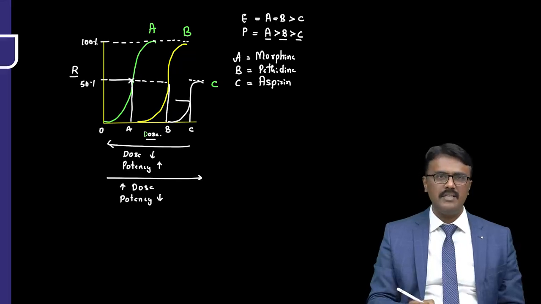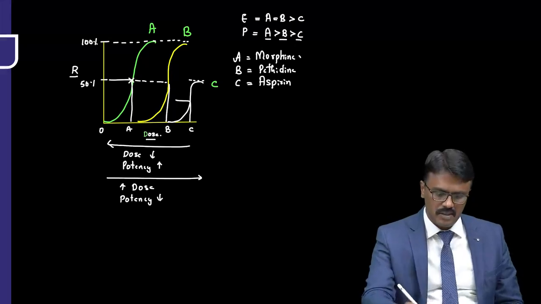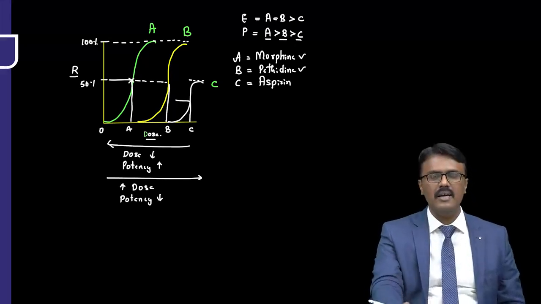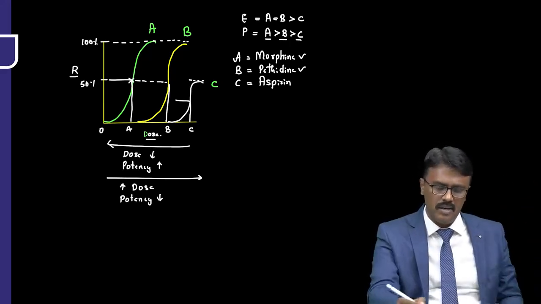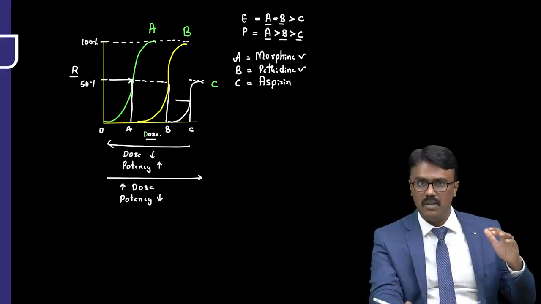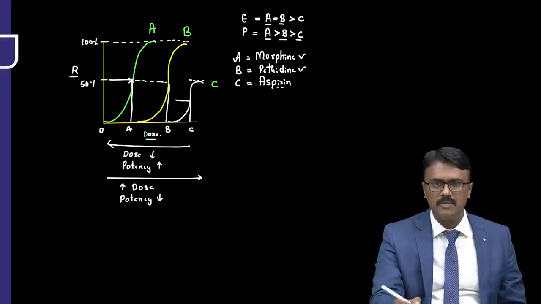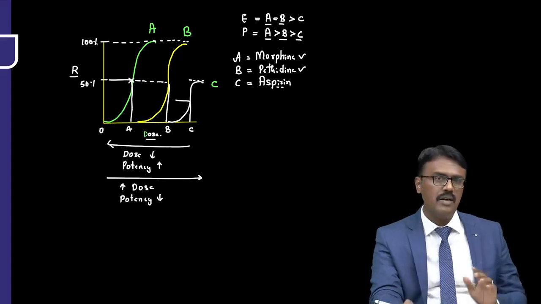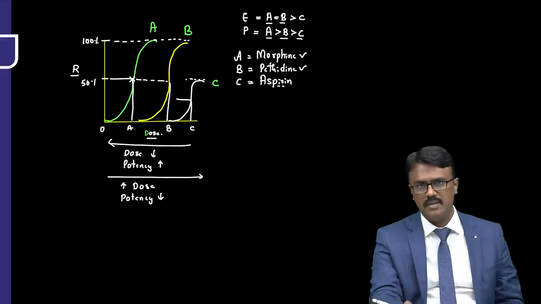Remember, for cancer pain, the most effective are opioids. The opioid drugs in these examples are morphine and pethidine. They have maximum efficacy to decrease the pain. So for cancer pain, A and B, that is morphine and pethidine, have equal efficacy. But whatever you give, aspirin will not decrease cancer pain so much. That's why the efficacy of aspirin is very, very less.